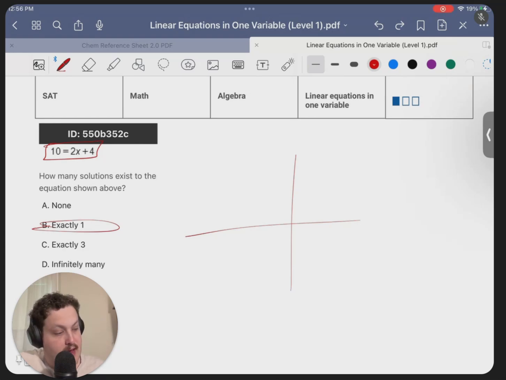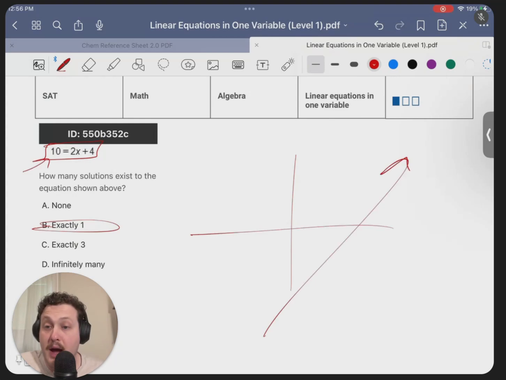Then you have a flat line that is not on the x-axis. There's 0 places that it crosses the x-axis. And then for any other line that has a non-zero slope, there should be exactly one place where it crosses the x-axis. This particular one, I don't have it off the top of my head, but it's definitely going to slope up, positive slope. So therefore, it's going to cross the x-axis one place.